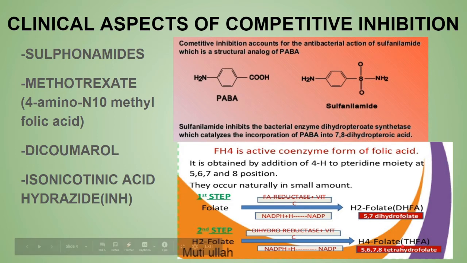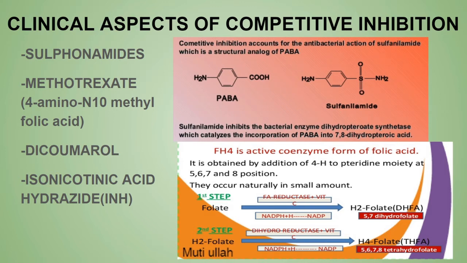Now, because THFA is not formed, this will in turn inhibit the enzyme thymidylate synthase. That enzyme converts deoxyuridine monophosphate into deoxythymidine monophosphate, and this is further converted into deoxythymidine triphosphate.